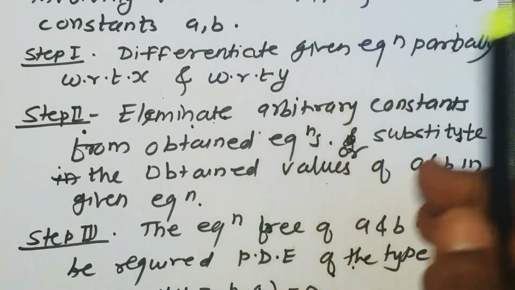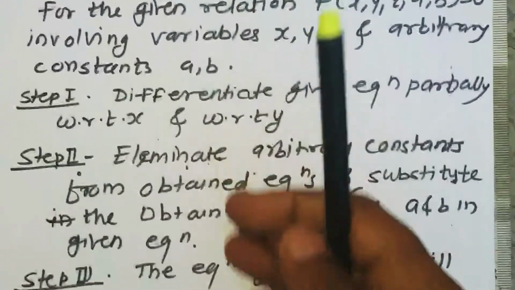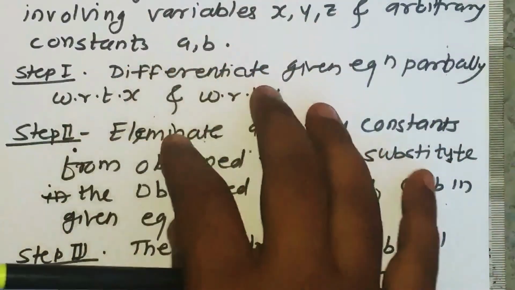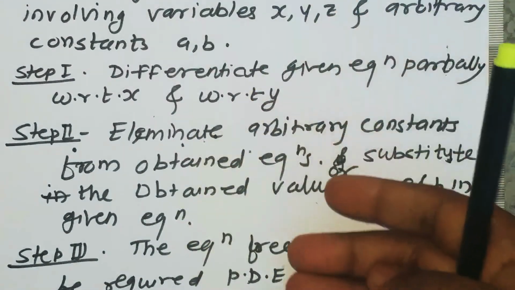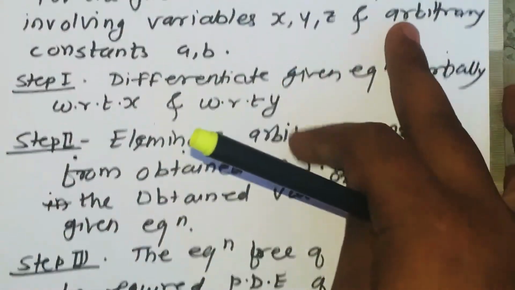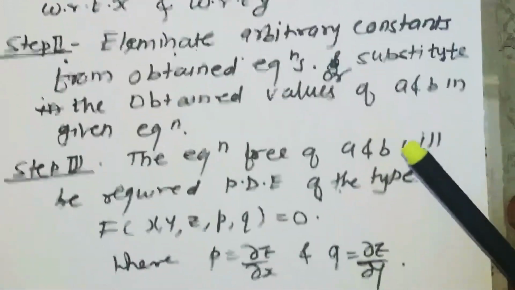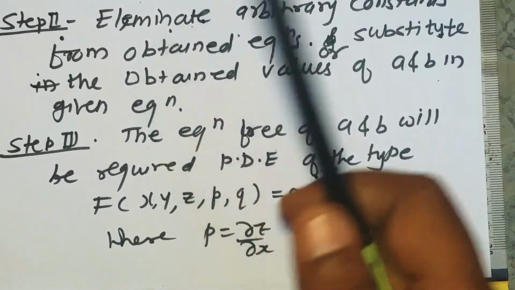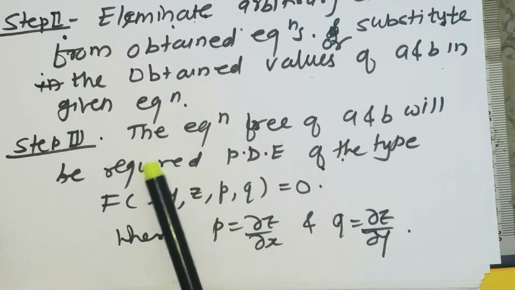We need to eliminate, meaning remove, the arbitrary constants involved in the solution. After differentiating with respect to x and y, we get two more equations, and one will be the given relation. By making use of these three equations, we eliminate the arbitrary constants from the given relation. That finally gives us a differential equation involving partial derivatives, and that is our required partial differential equation.